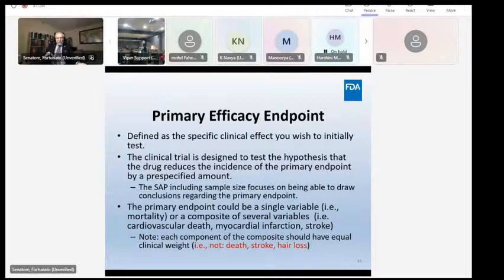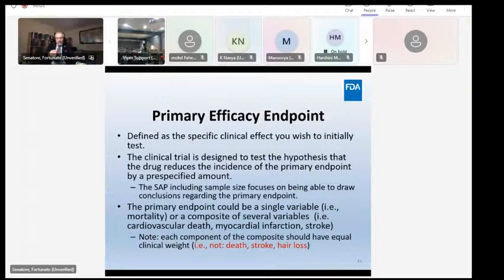And not to sound funny, but if you had death, stroke, and hair loss as a third variable, where the clinical study will be driven by how much hair you lost over the past 5 years, and it doesn't say anything about death and stroke, that is a bad endpoint. And I use that as an extreme example of what constitutes a good composite endpoint.